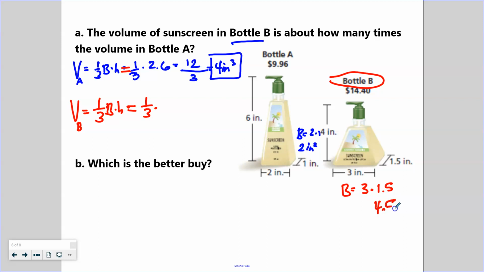I don't know why I just did that on the calculator. My brain's not working. 4.5 times the height was 4 inches. Right, so we have 1 times 4.5 times 4, which is 18. 3 times 1 times 1 is 3. So we end up with 6 inches cubed.